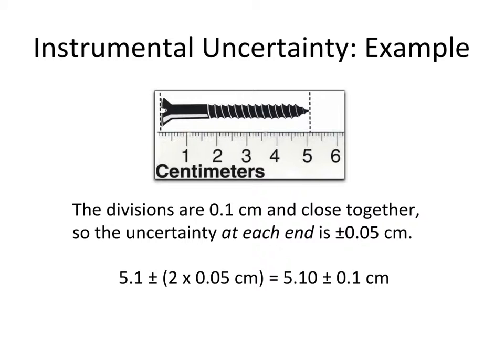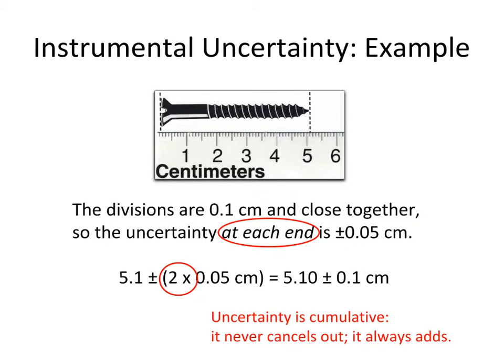So 5.1 plus or minus 2 times 0.05 centimeters, because we're measuring the location at each end of the screw, equals 5.10 plus or minus 0.1 centimeters. So the uncertainty at each end is 0.05 centimeters, and so that's why we multiply by 2.